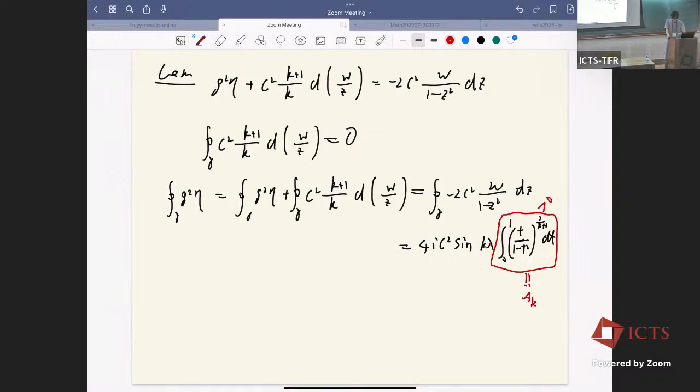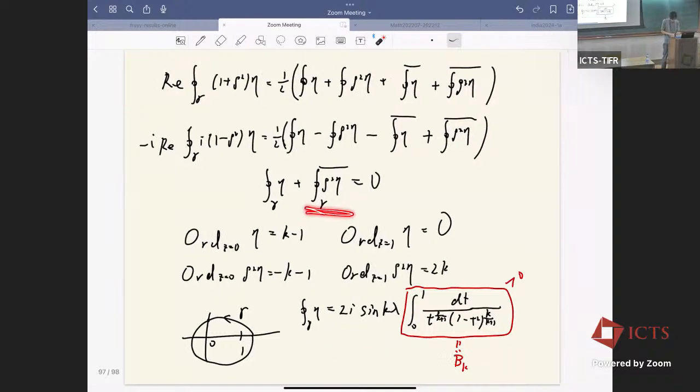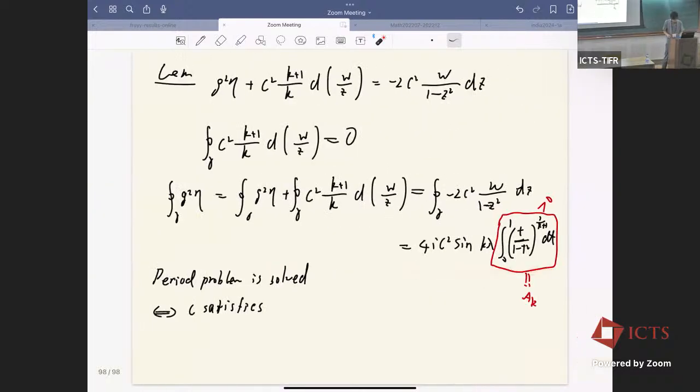And so the period problem is solved if and only if C satisfies... So now we want this. We already have this, and we can compute this like this.